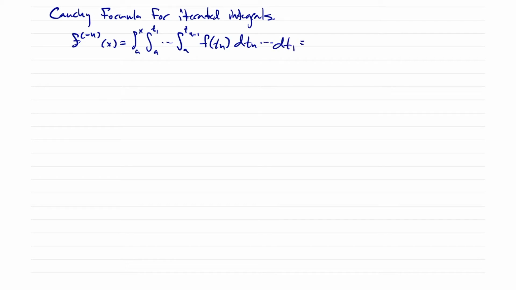Now it turns out that this is equal to 1 over (n minus 1) factorial times the integral from a to x of (x minus t)^(n-1) times f(t) dt.